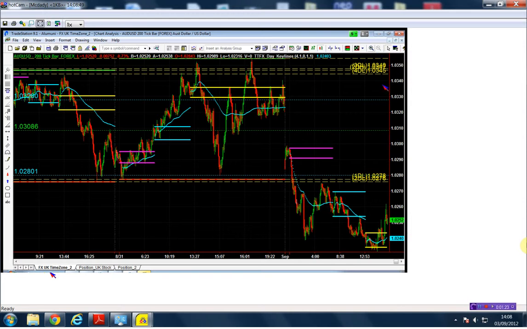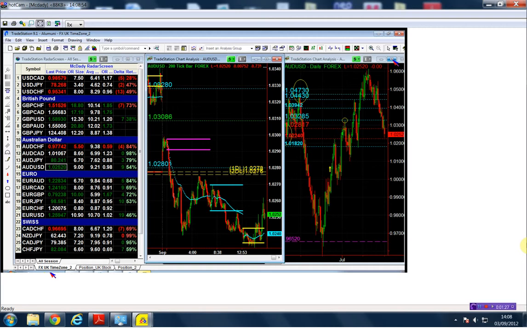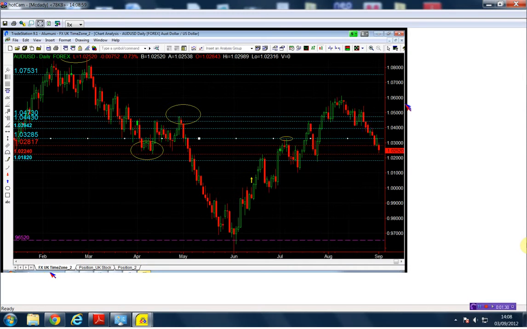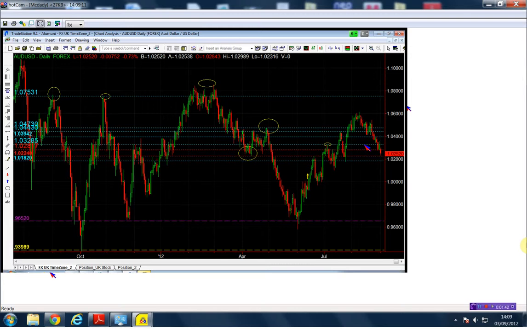If you look at the daily chart, we are, as I said, at 102.52. We have one of our significant points, which is the 102.81. I want to see where that comes from.